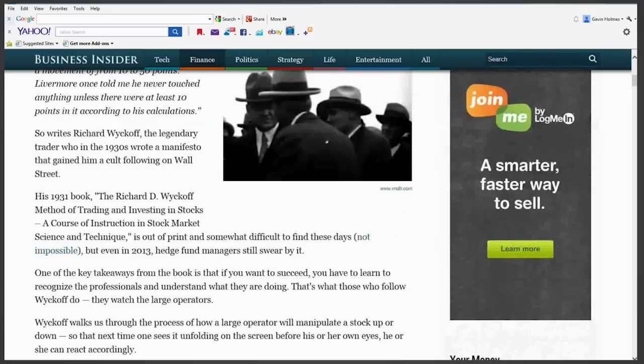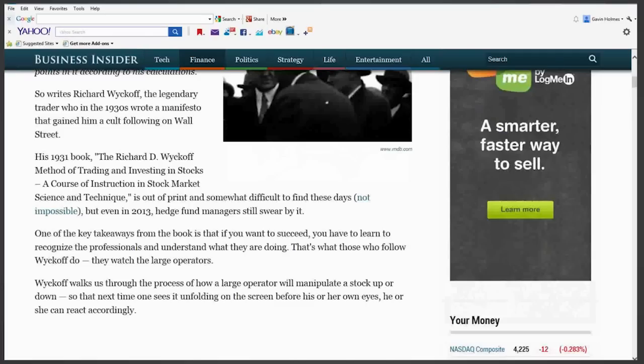But even in 2013, when this article was written, hedge fund managers, like myself, still swear by it. One of the key takeaways from the book is that if you want to succeed, you have to recognize the professionals and understand what they're doing. That's what those who follow Wyckoff do. They watch the large operators.